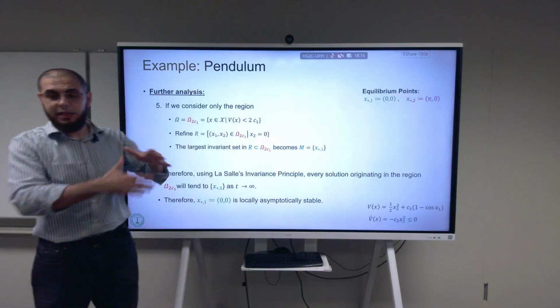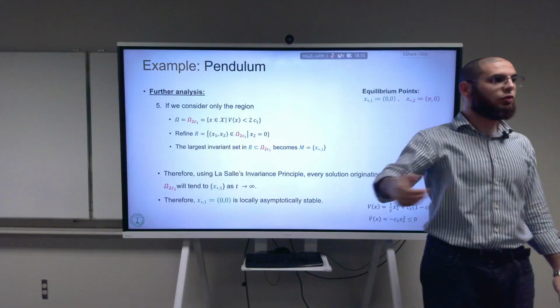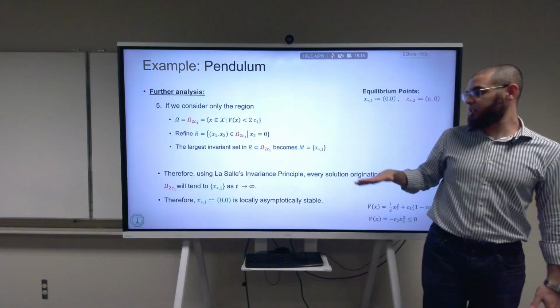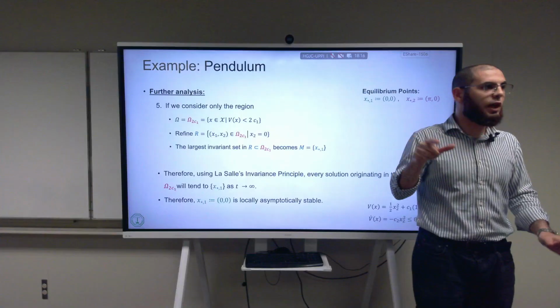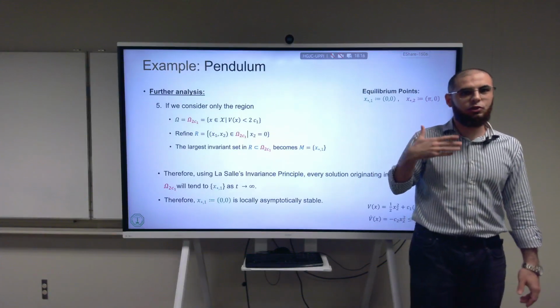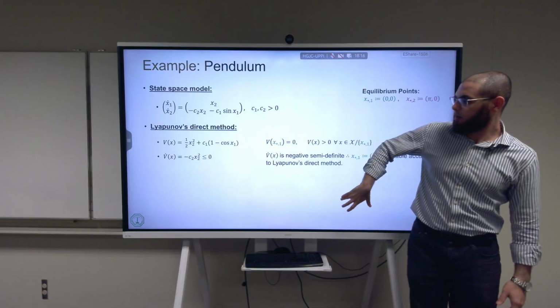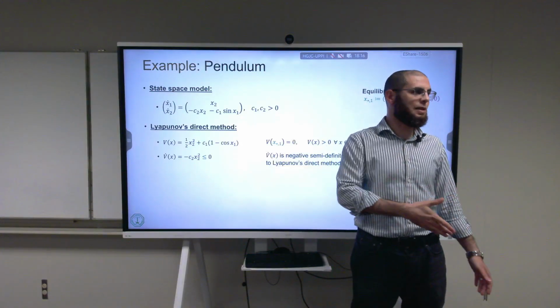These are two slides of a lot of analysis. Usually, you think about it and you just do it once. This whole thing, if you read a lot of papers, you'll find that this is actually just one line usually in a paper. Just one line. You don't need to show it. You usually say that, I reach this result, and by LaSalle's invariance principle, I can show that it's asymptotically stable.